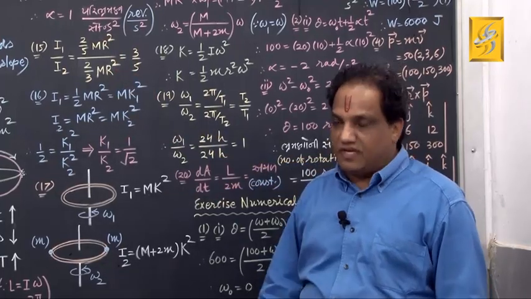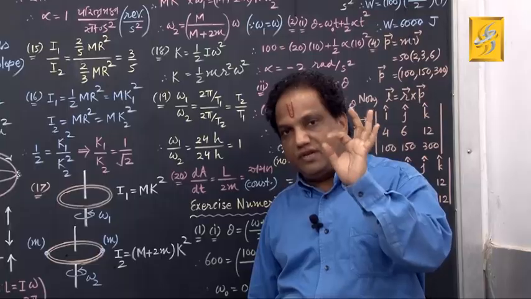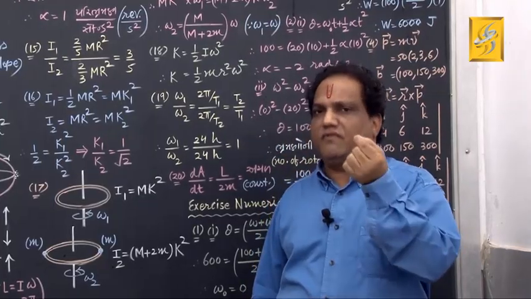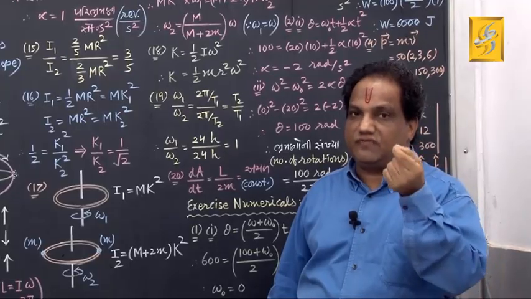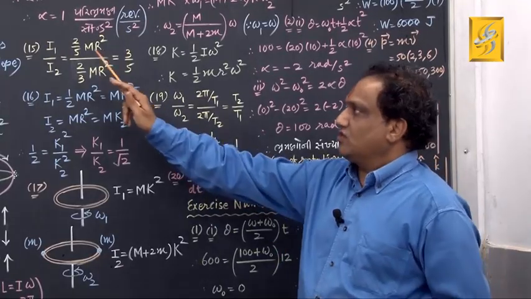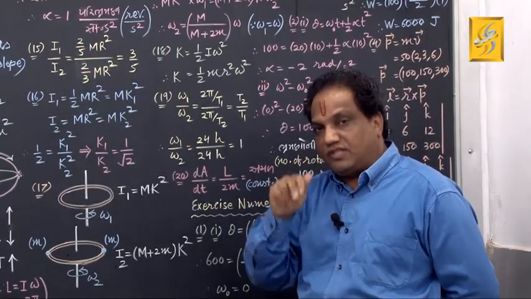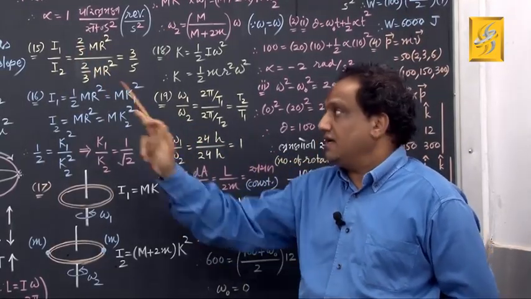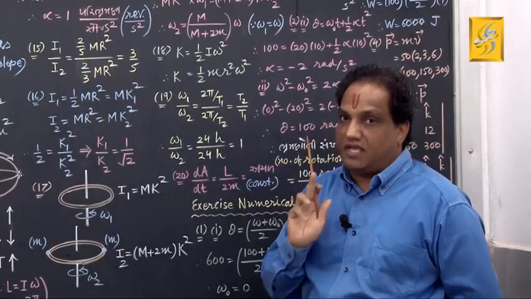One is a solid sphere, another is an extremely thin hollow sphere having a very thin wall. We call it a spherical shell. For a solid sphere, what is the moment of inertia? 2 by 5 mr square. For an extremely thin hollow sphere, the moment of inertia is 2 by 3 mr square.